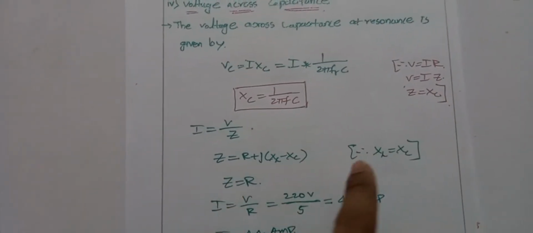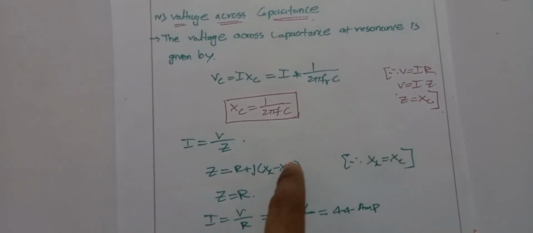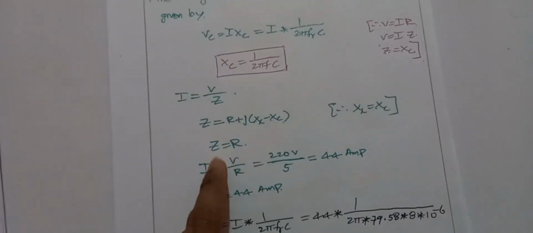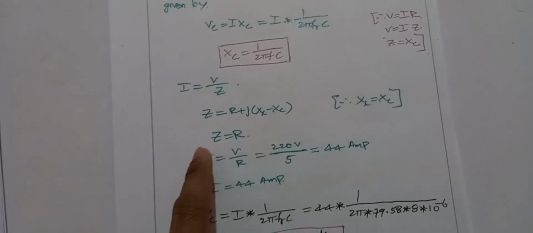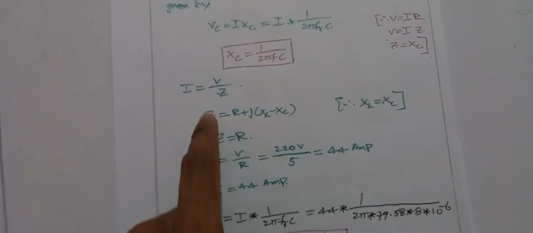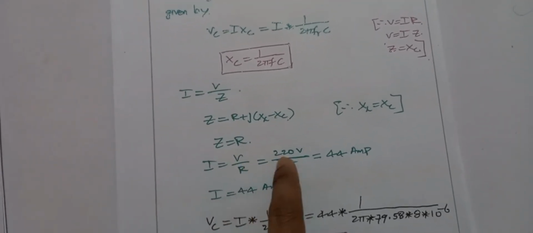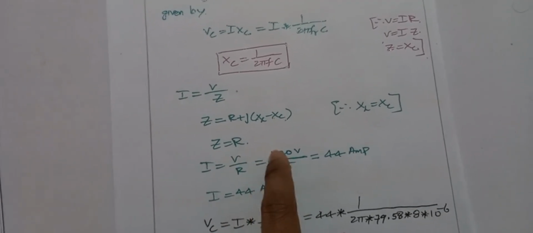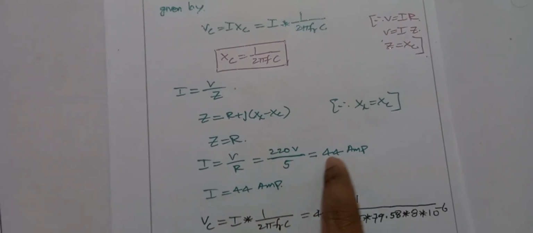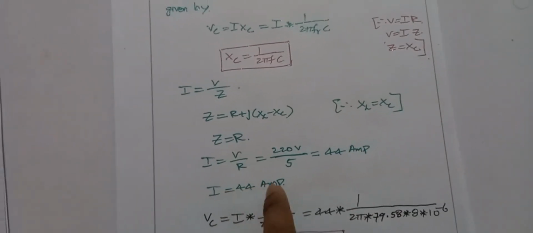So net reactance XL equal to XC, then this entire term goes to 0, and here we got Z equal to R. So impedance equals resistance, and I equals V by Z, where we replace Z with resistance R. Already we know the power supply V equal to 220 volts and the resistance value is 5 ohms. Then we get 44 amperes. So I we got 44 amperes.